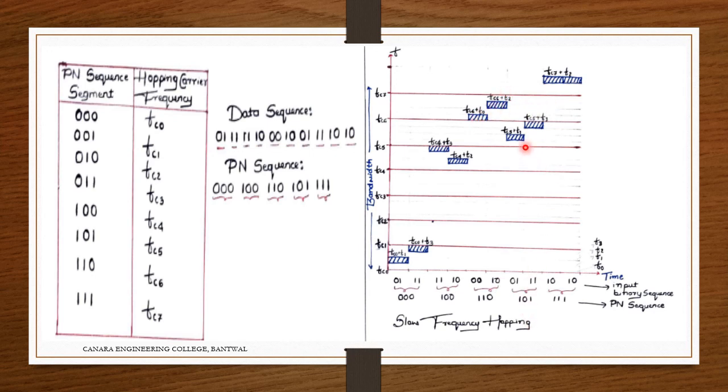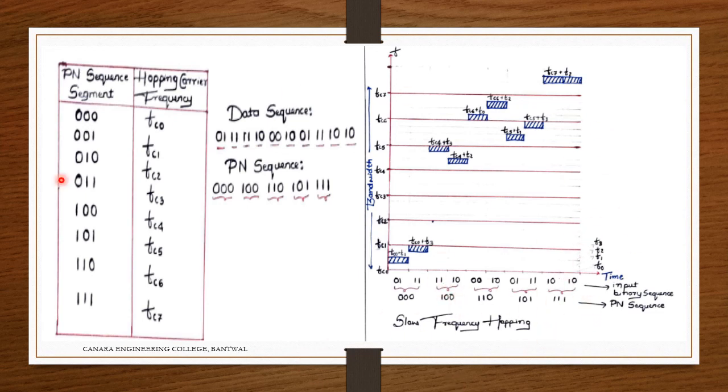Next 0 1, 1 0 1. 1 0 1 is FC5. Then 0 1, 1 1. So it is the first 0 1 bit and the last bit here. The last one is 1 1 1 0 1 0, like that. So this is how we are doing it here.